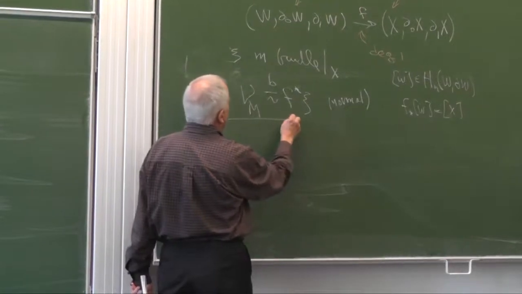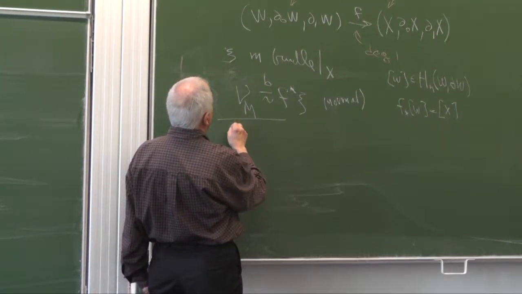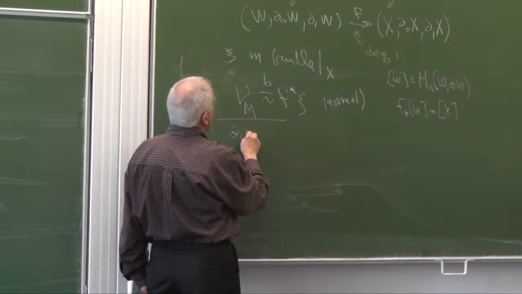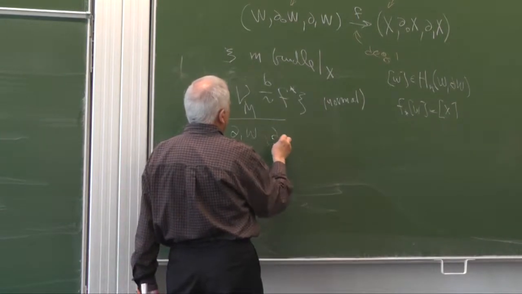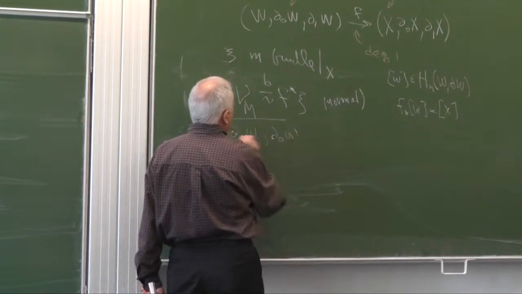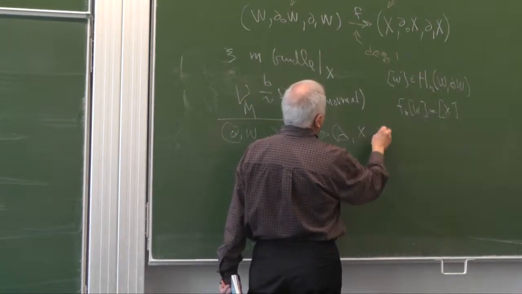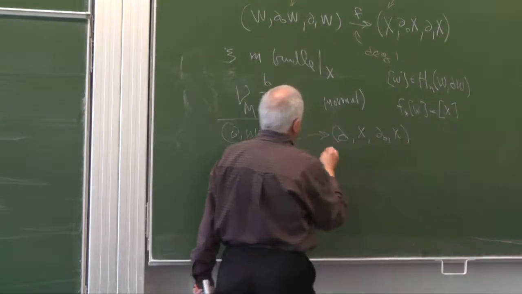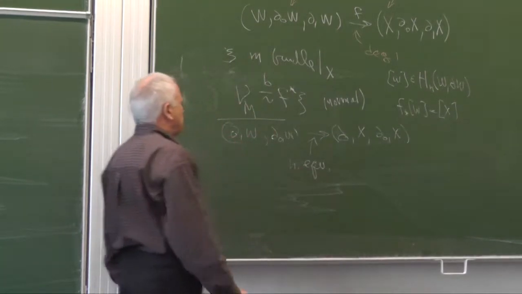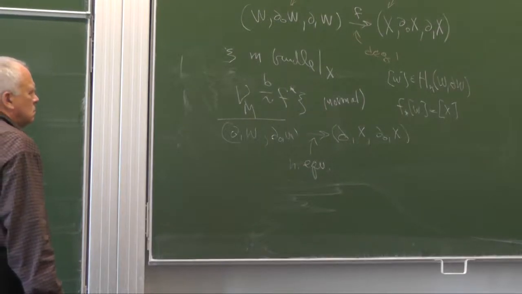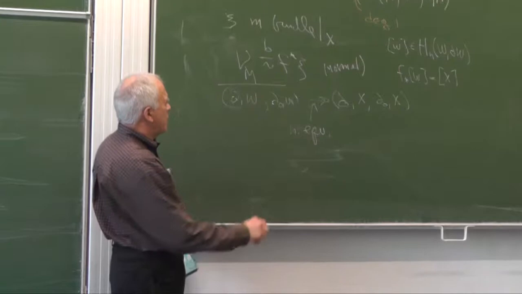Now the active ingredient: we assume that boundary 1 W with its boundary is a homotopy equivalence. So it's a homotopy equivalence on part of the boundary.